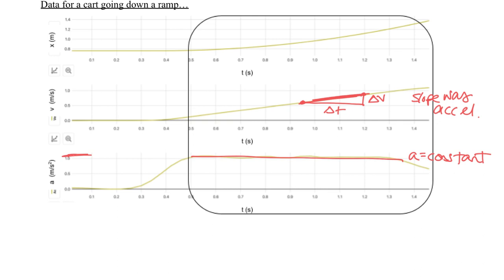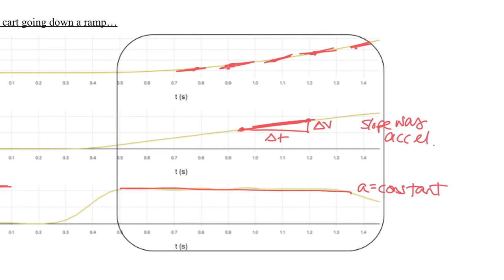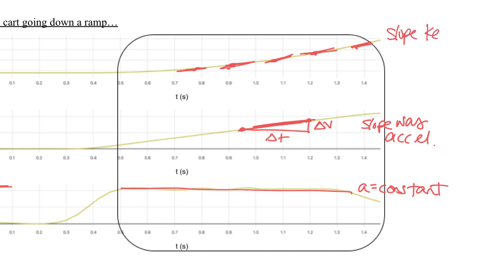And then the slopes here kept increasing. Let me write that over here. The slope kept increasing, right? And that slope, which is delta x over delta t, is the velocity. So that all should come together in your head, right? Cool.